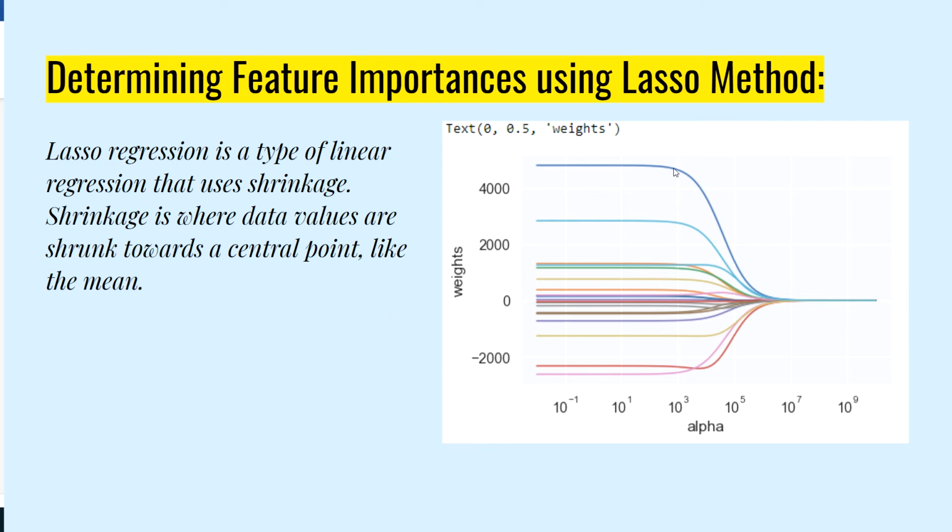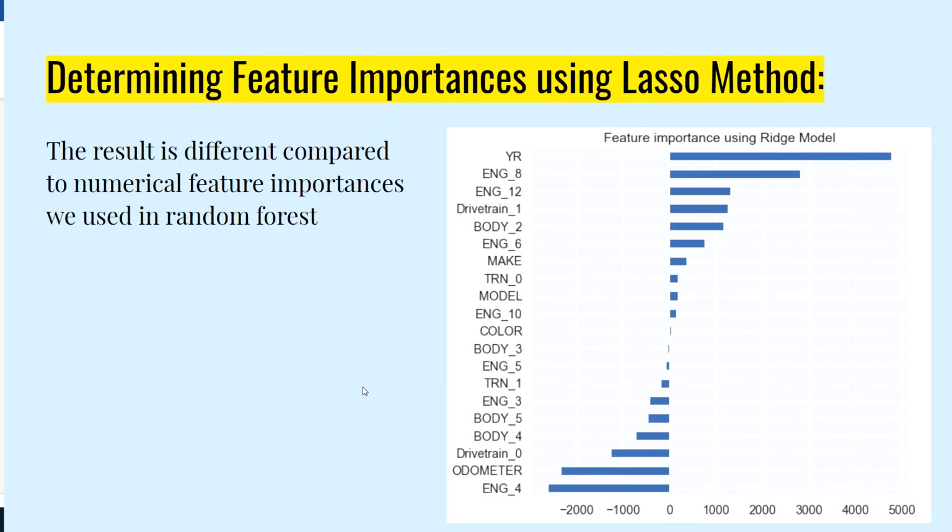As you can see, those are all the lines and features, they come together. To make it simpler, I decided to build a graph that basically shows the feature importance using the ridge model.